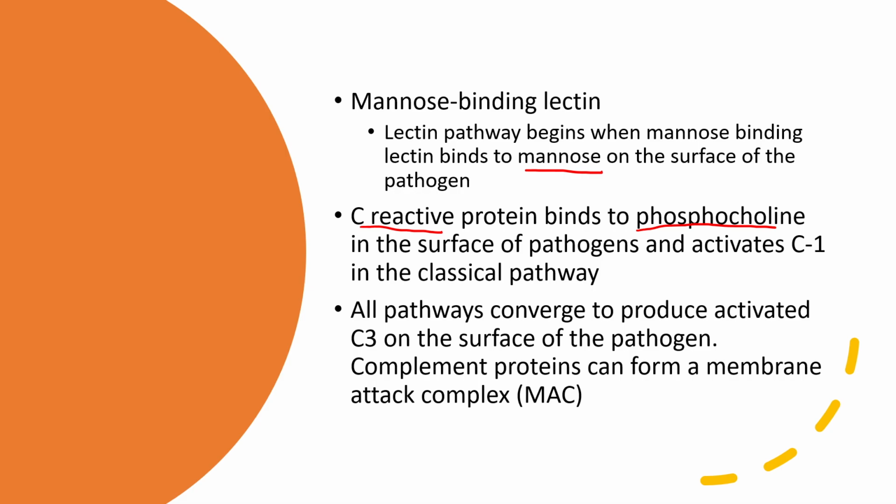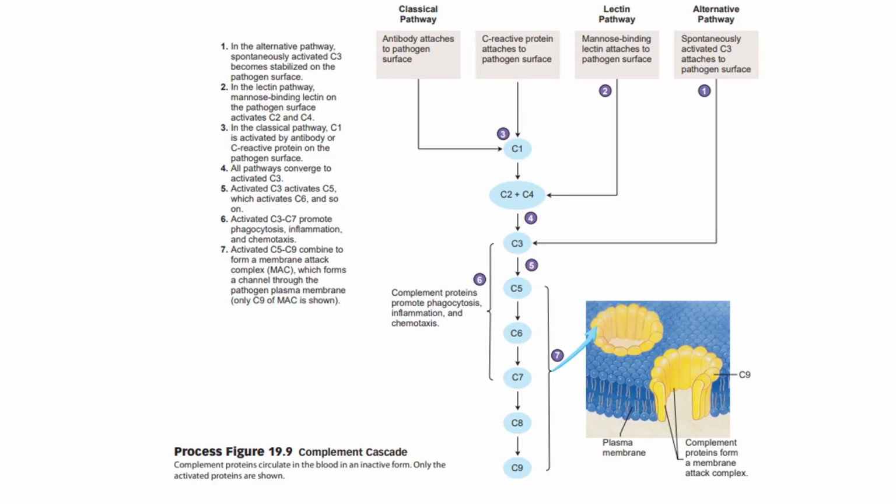All these pathways will converge to produce activated C3 on the surface of the pathogen. And once the C3 is activated, these proteins can form a membrane attack complex. The membrane attack complex is sort of like a facilitated hole.